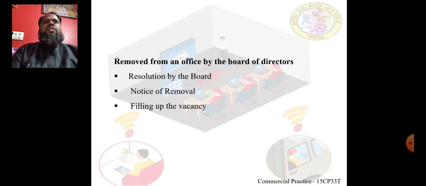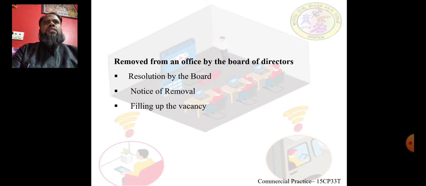The company secretary is an employee of the company. He may be removed from the office by the board of directors as per the general powers given in the articles of association of the company. He may be removed from his office by following the set procedure.